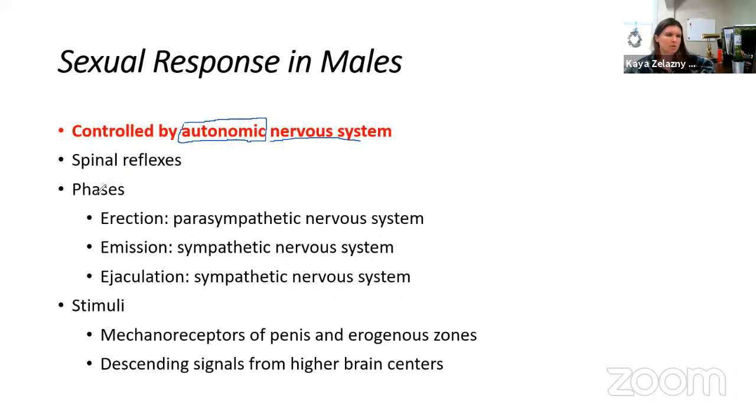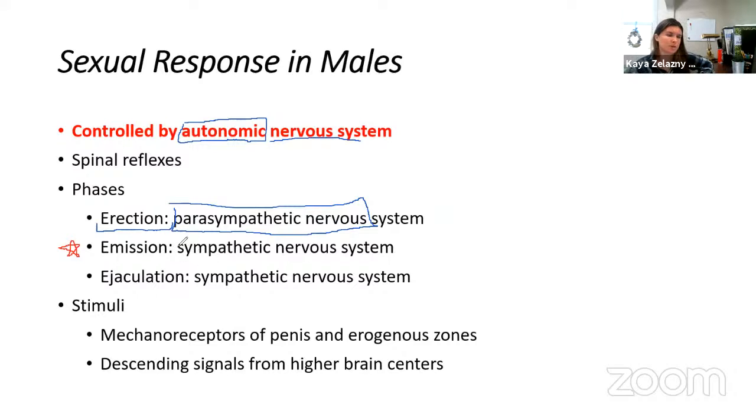Okay. So the sexual response has 3 phases. The first is erection, where we have blood flow to the tissue. Now, erection is controlled by the parasympathetic nervous system. And then we have emission, which is the movement of the sperm and semen into the urethra.